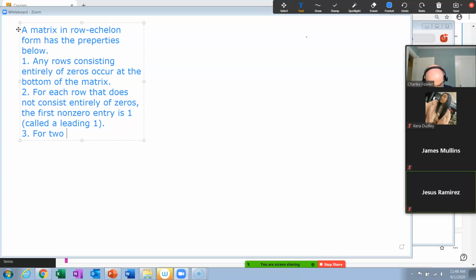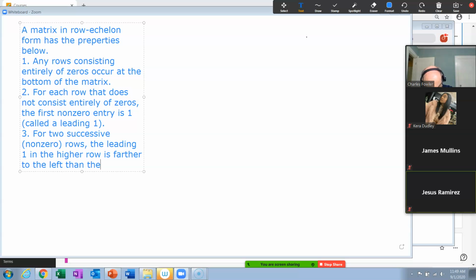For 2 successive non-zero rows, the leading 1 in the higher row is farther to the left than the leading 1 in the lower row.